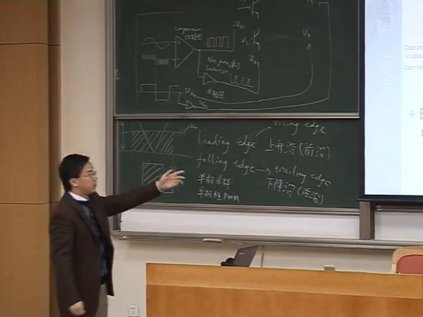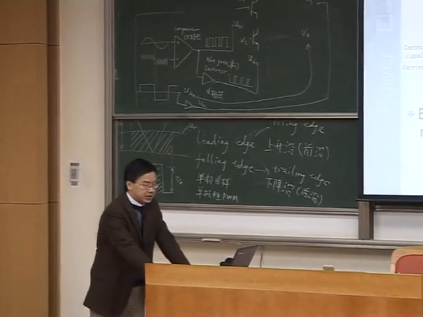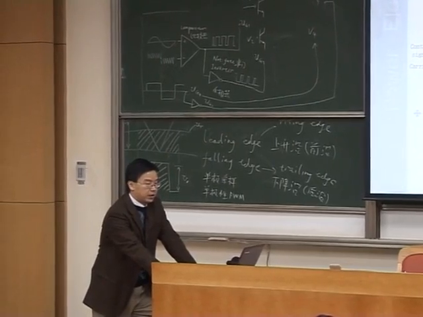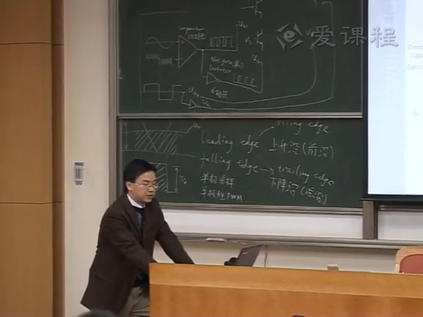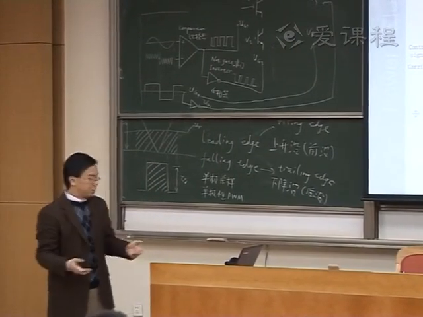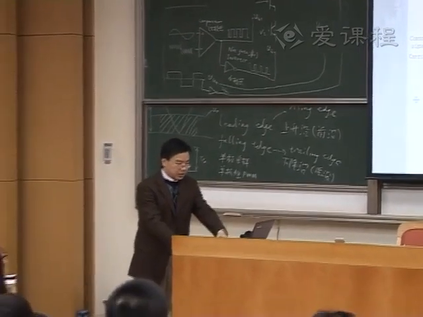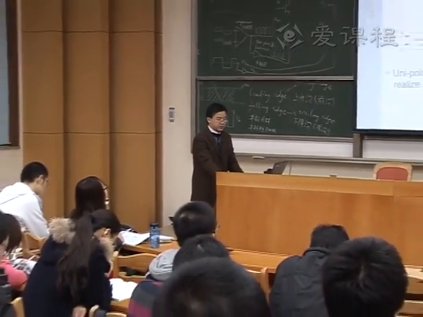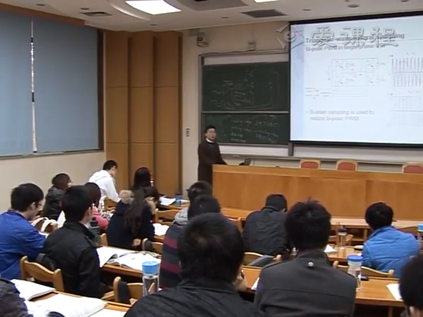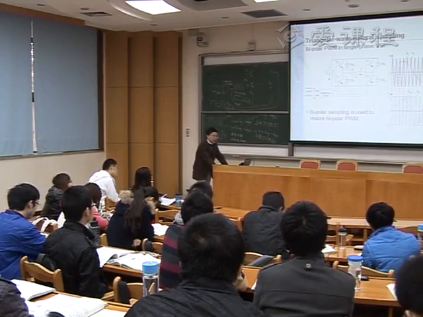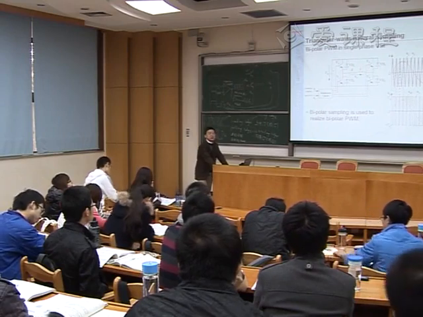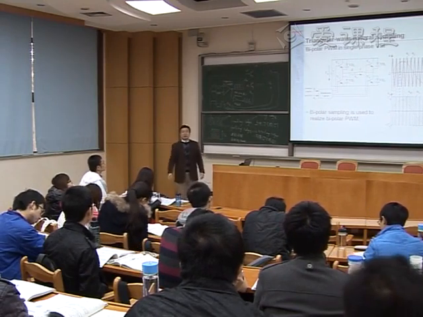The actual control to realize this bipolar PWM output voltage for a single phase voltage source inverter is much simpler than the previous one. Because in the previous one, I have to generate a 3-level output: positive, 0, negative. In this case, I only need to generate positive voltage and negative voltage. There's no need to generate 0 voltage.